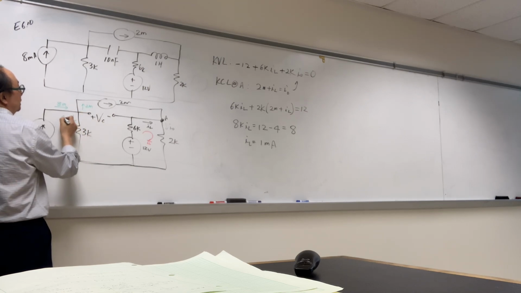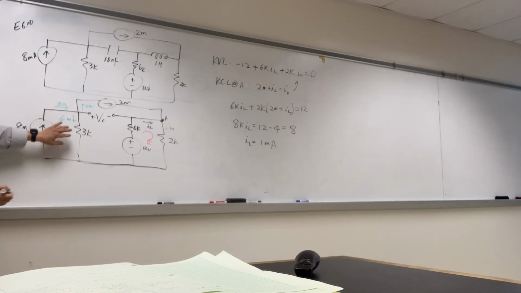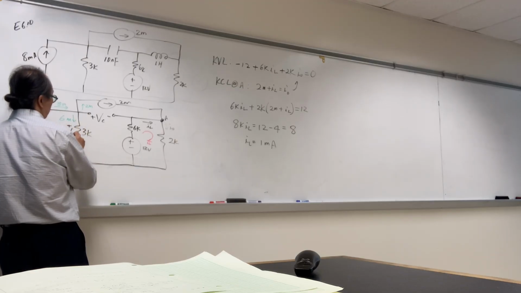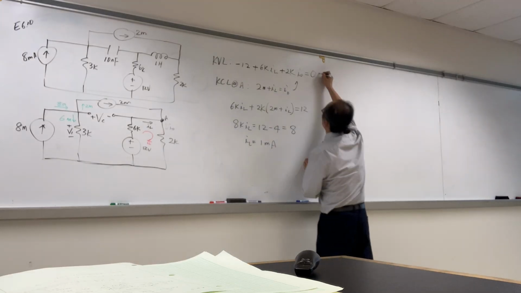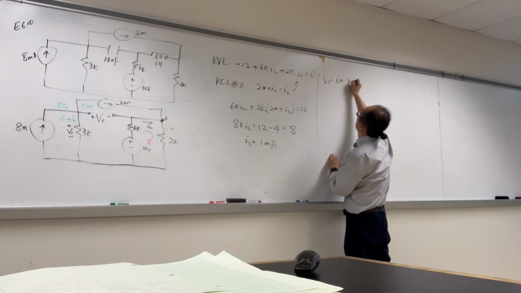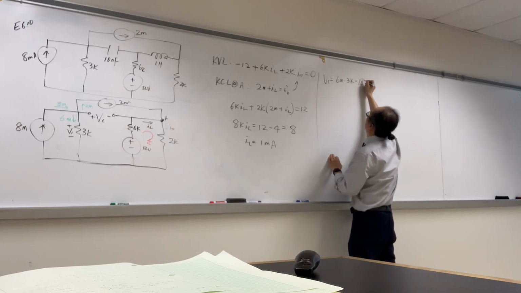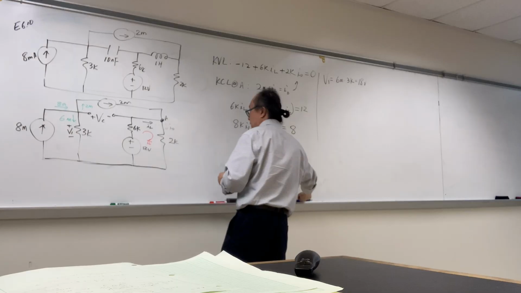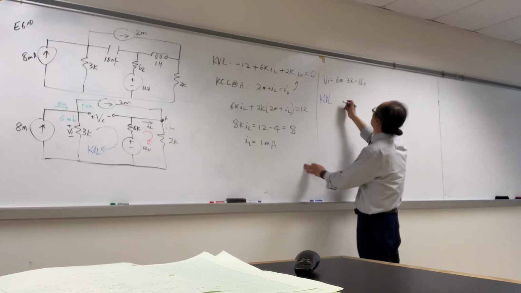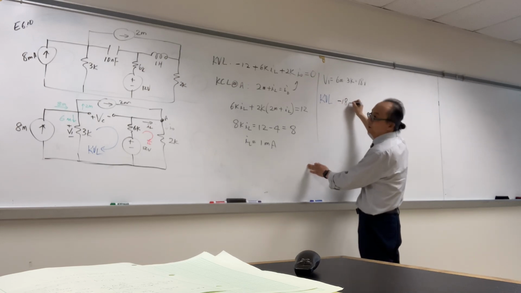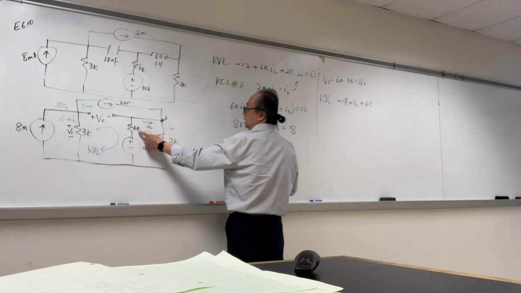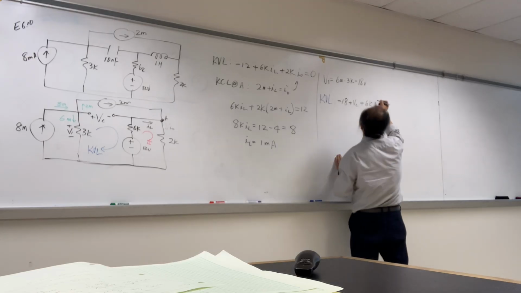What about VC? Great. This is 8 milli, and here's the 2 milli. Therefore, going down is 6 milli. So the voltage across here, we just call as plus V1. Then we have V1 equals 6 milli times 3K, which is 18 volts. And then we're going to do KVL in the loop. Then we have negative V1, which is negative 18, plus VC plus 6K times IL.